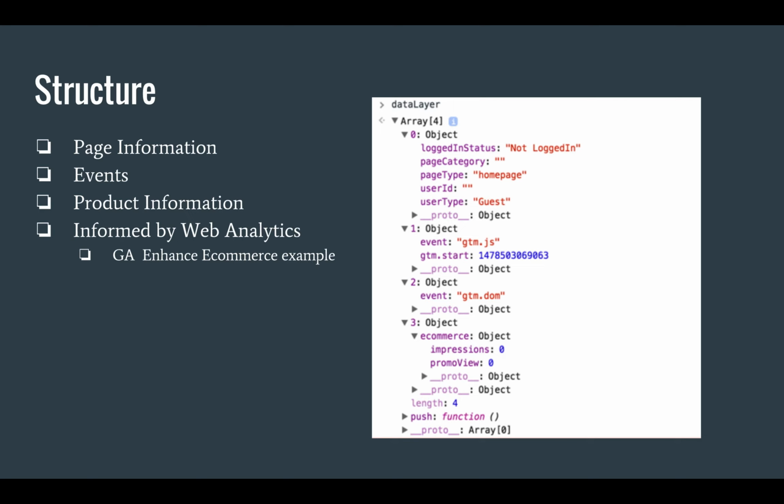Here on the right hand side, you can see just an example. The first object within that array just has some user information, logged in status, with some page information, page type, if there's a user ID, if they're a known user, as well as user type, which would be guest since they're not logged in. If they were logged in, it might be member.